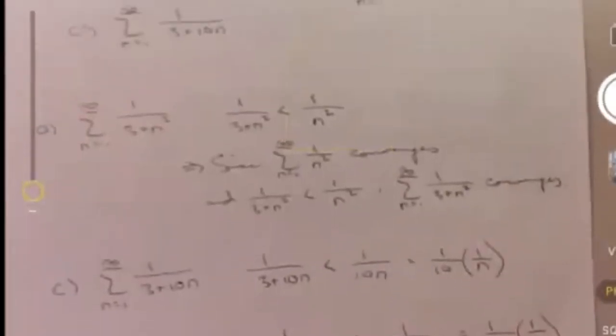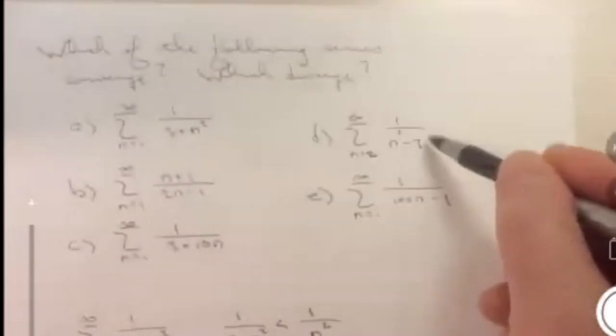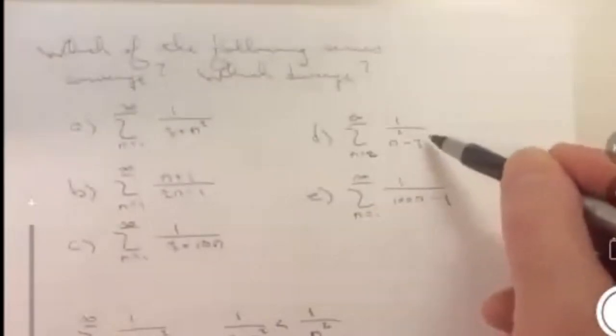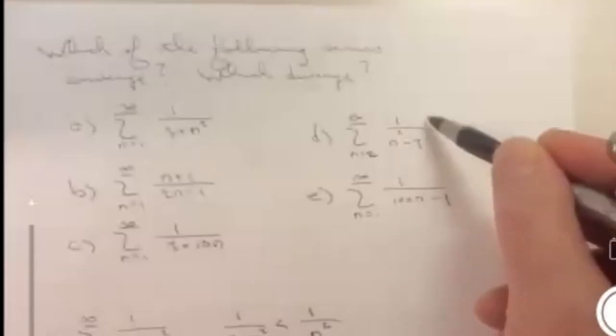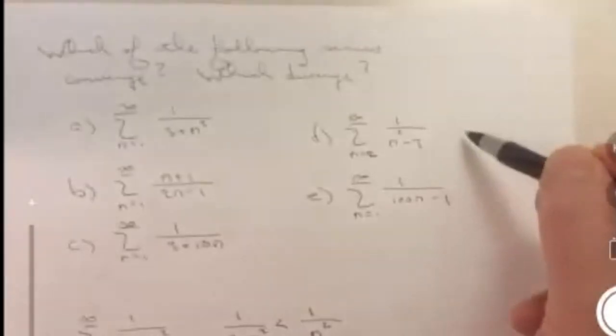Now, this still doesn't answer the question about what to do with series like this and series like this. Remember, the temptation is to compare it to 1 over n squared in this case, but these terms are larger than the 1 over n squared terms.